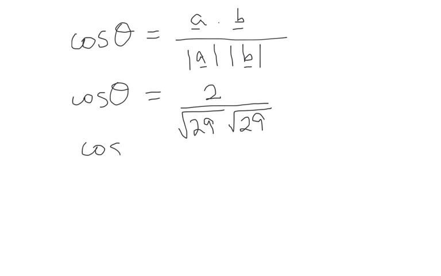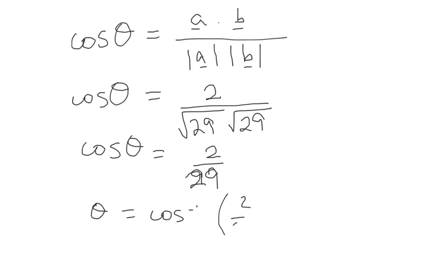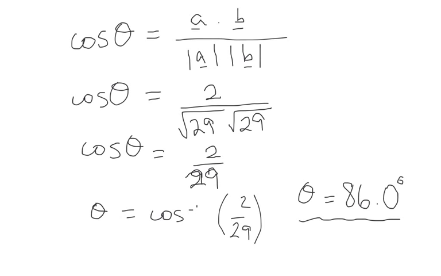So in this case, we can simplify the denominator to 29. And take the inverse cos to find theta. Inverse cos of 2 over 29. So theta equals 86.0 degrees. That's how you find the angle.